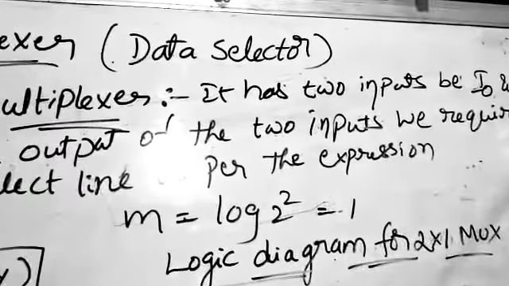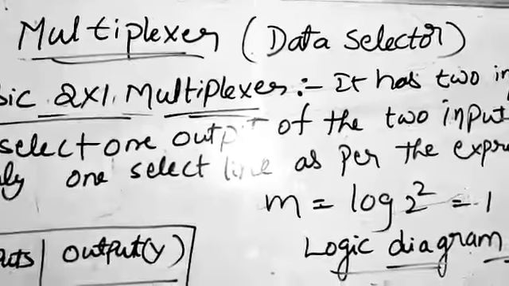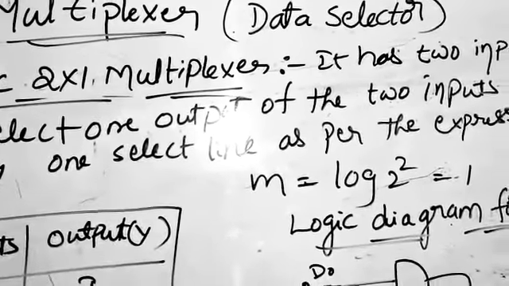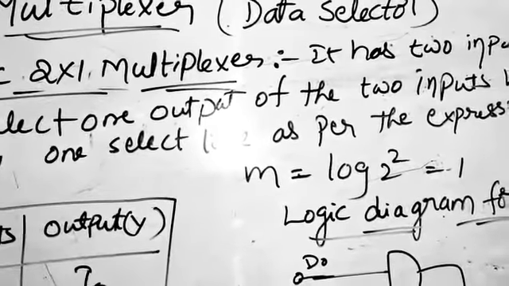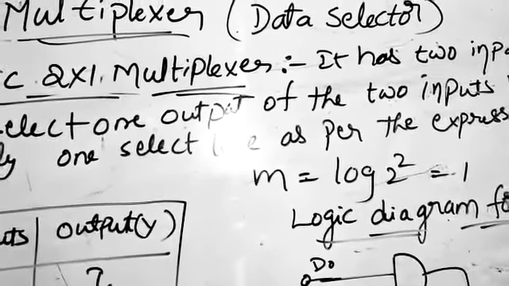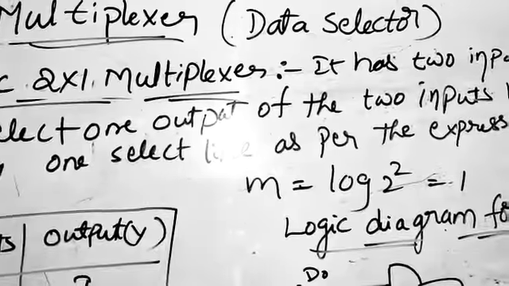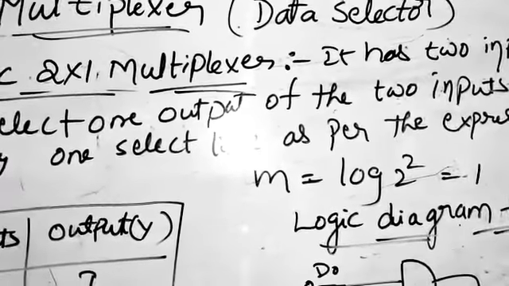These input lines will be selected to the output by the select lines. As I already told you, one input will be selected to the output by the select lines only.